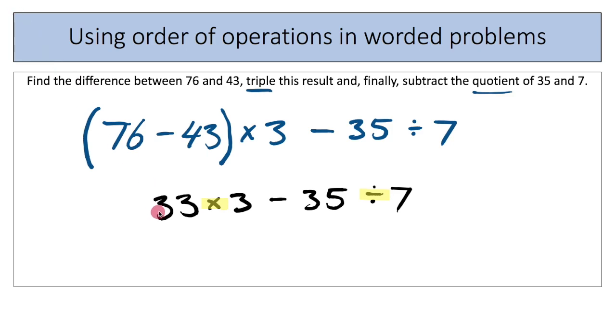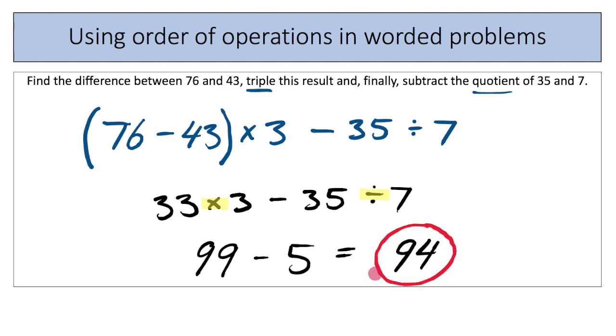So that's going to be 33 times 3, that is 99. Then I'm going to subtract 35 divided by 7, which is simply 5. So now I simply need to do 99 minus 5, which is going to be 94. And that is my answer.